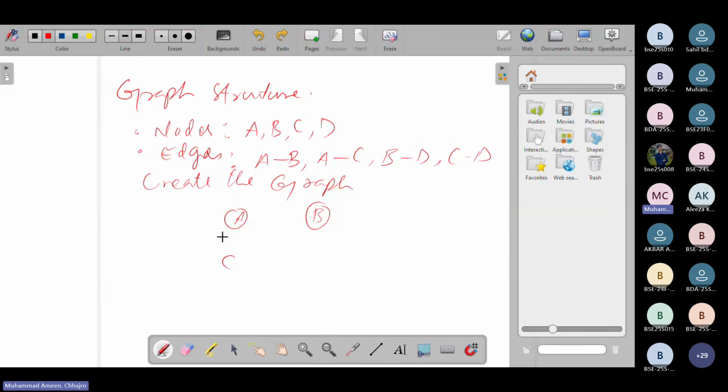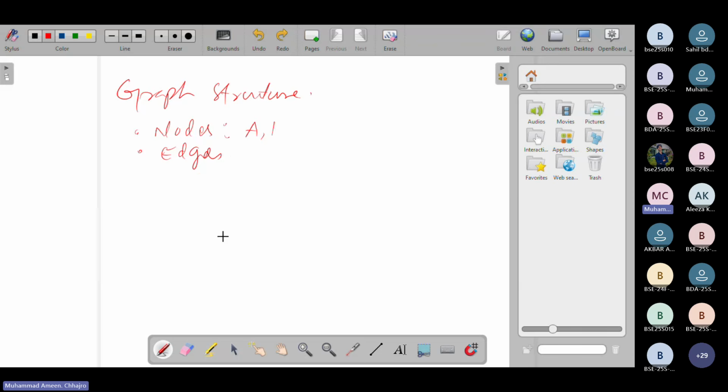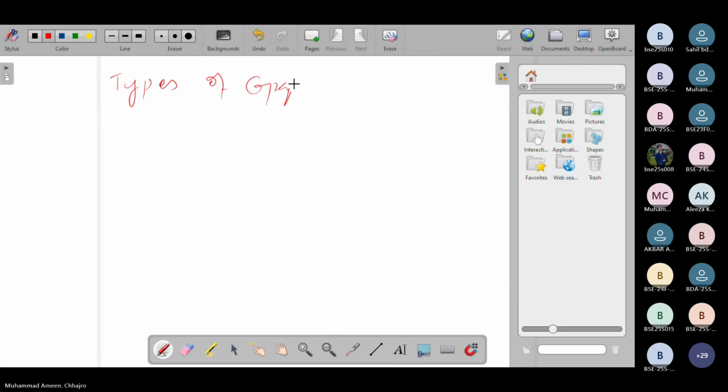So you can say now there are different types of the graphs. अगर मैं ये कहूँ कि if you have created the graph and you are going to study types of graph data structure. So in types, we have category that is called unweighted graph.